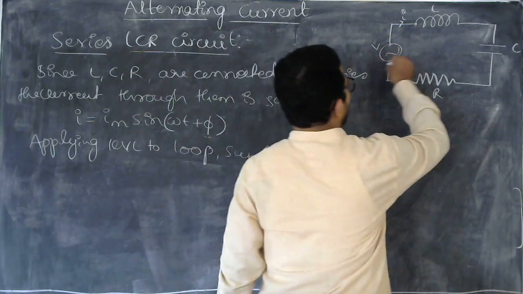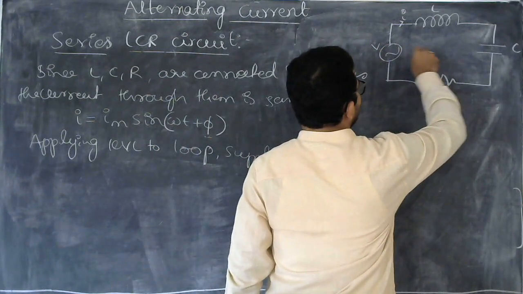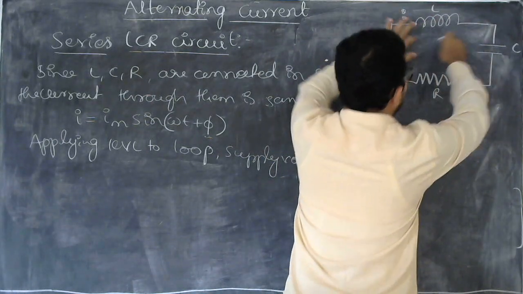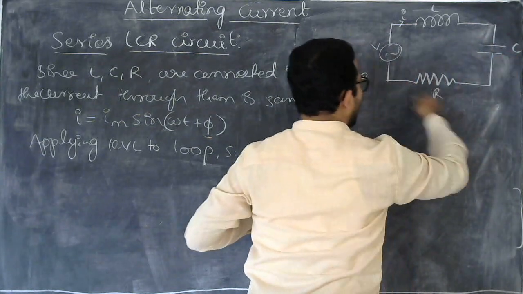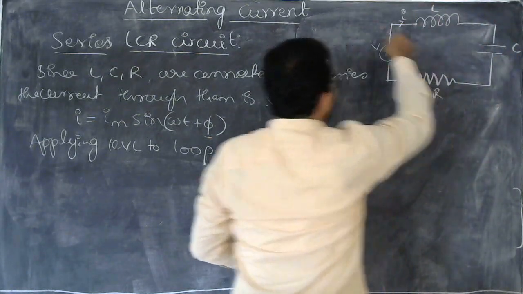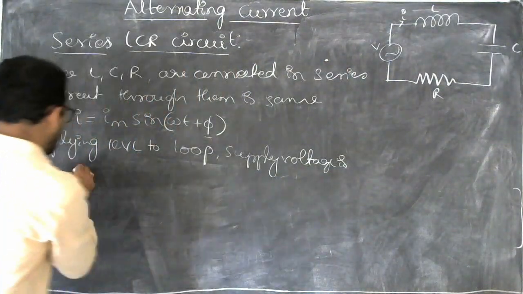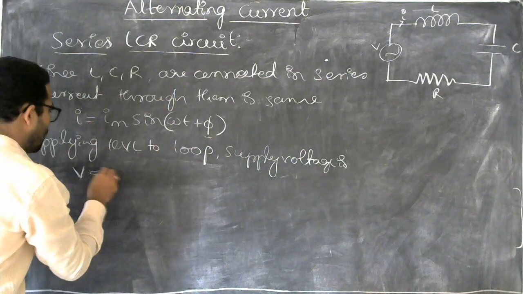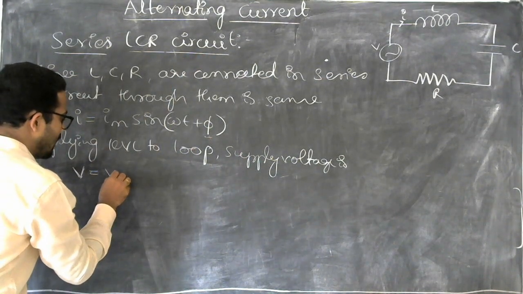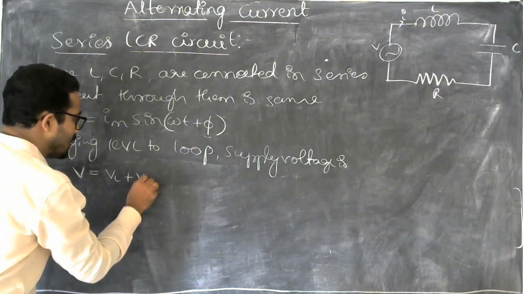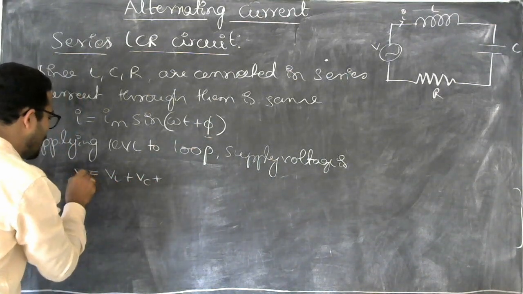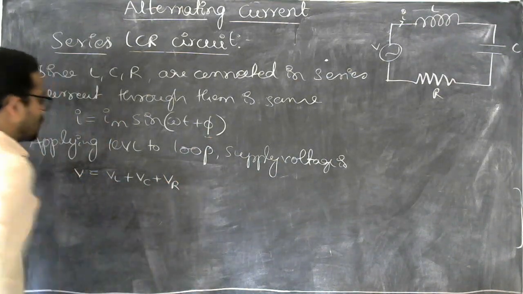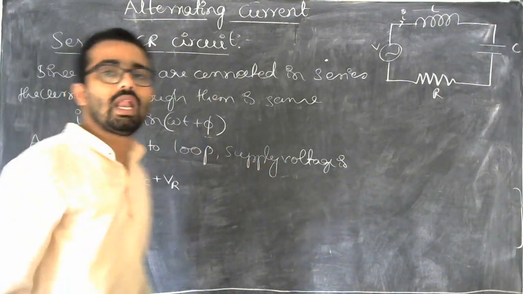What I told you is that the supply voltage will split: some voltage will develop across L, some other across C, some other across R. If you take the sum of these, you will get the supply voltage. That is why we can write V, the supply voltage, is equal to the voltage across L, VL, plus VC plus VR. So this is according to KVL.